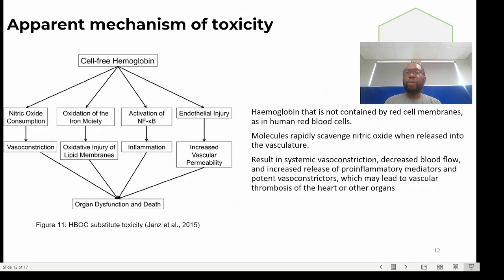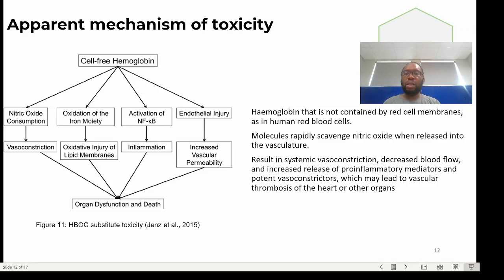The problem with hemoglobin-based technology, or artificial blood, is that cell-free hemoglobin can interact with nitric oxide, which can lead to vasoconstriction. The other problem is that the iron within the hemoglobin can undergo oxidation, which I've discussed earlier. This can lead to damage of the lipid membranes. Cell-free hemoglobin can also lead to endothelial injury.